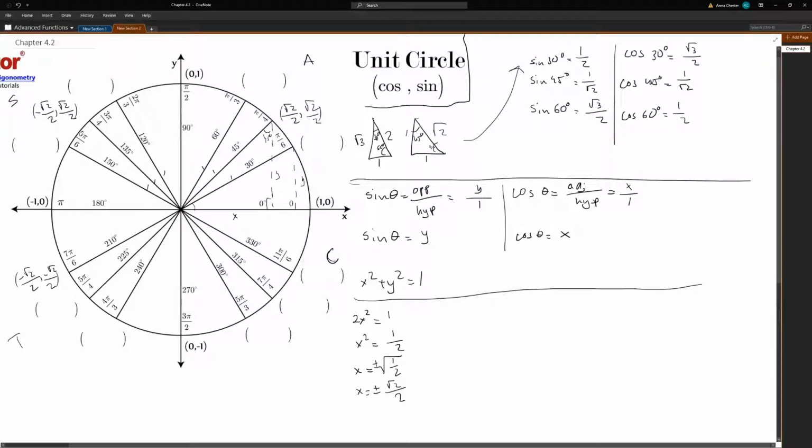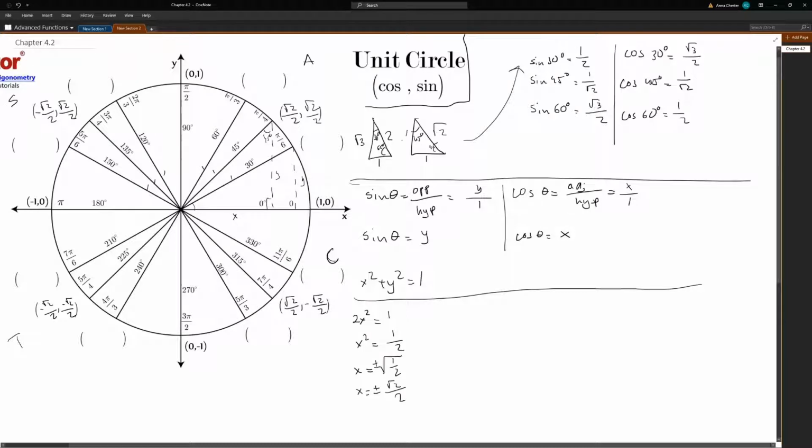I wrote that in the wrong place, I just realized, sorry about that. Let's rewrite that: negative square root 2 over 2, negative square root 2 over 2. Now we have our C, where cosine is positive, therefore the first number is positive, and the second number has to be negative.